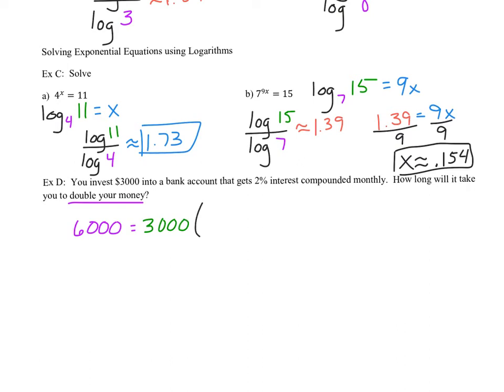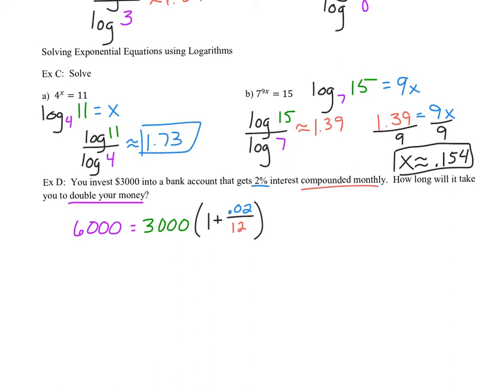And this is a compound equation, right? So I want to use my compound interest formula. So I want to use 1 plus my interest rate, so 2%, so 2 divided by 100 gives me 0.02. Divided by, it's compounded monthly, so that's 12 under here.